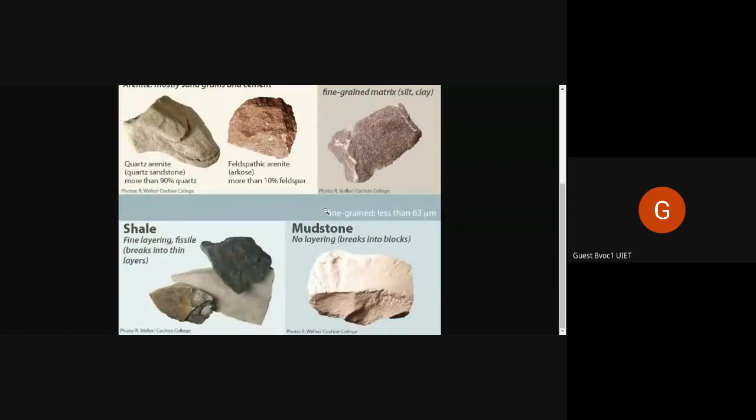Then shale is one of the most commonly found sedimentary rocks here in India. Chalk, kankar, limestone, and sandstone are the most commonly used sedimentary rocks for stonemasonry. I'll show you a few that have these layers.